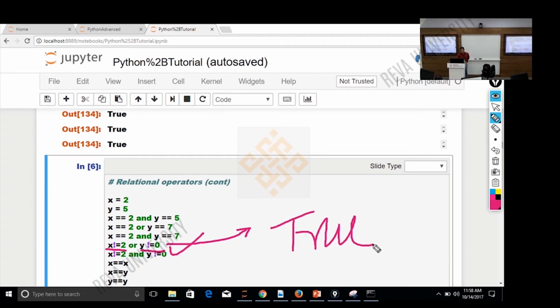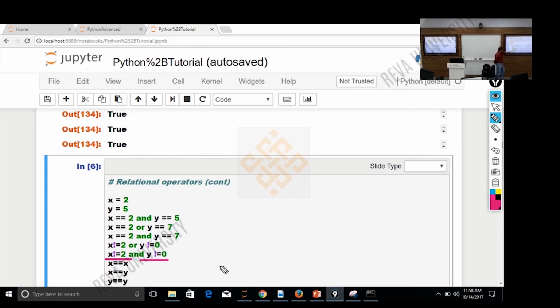Is that clear? Okay, perfect. Nice. In the next one, X is not equal to 2 is not met because X is indeed equal to 2, and Y is not equal to 0. So I don't even have to look at the second condition because this condition itself fails, so I can know that this is going to be false, right?